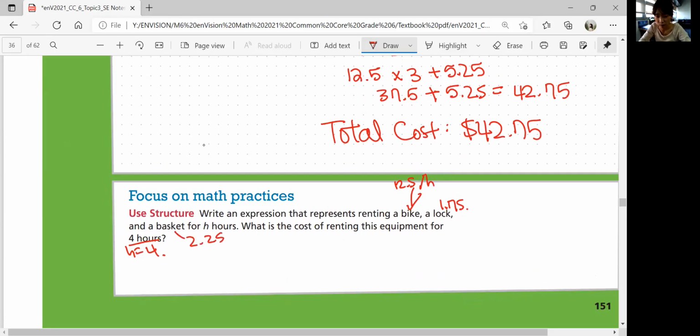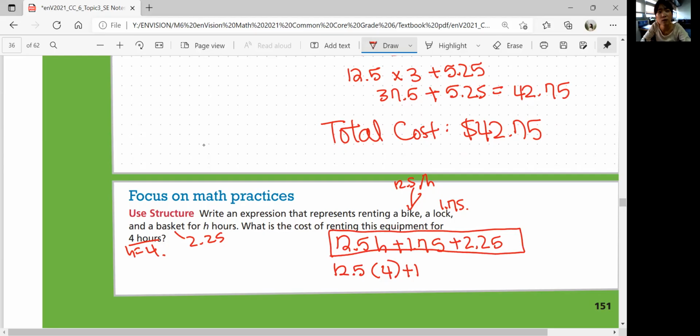So we're going to say 12.5 times H plus 1.75 plus 2.25 will be our total cost. And we know that H is 4. So this is the equation, and we're plugging in 4 for H: 12.5 times 4 plus 1.75 plus 2.25.